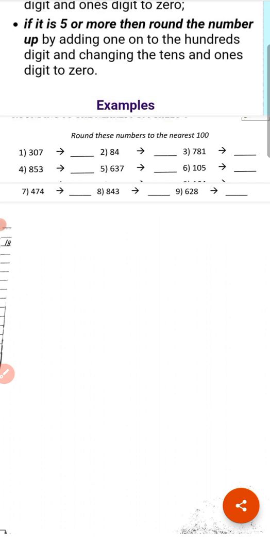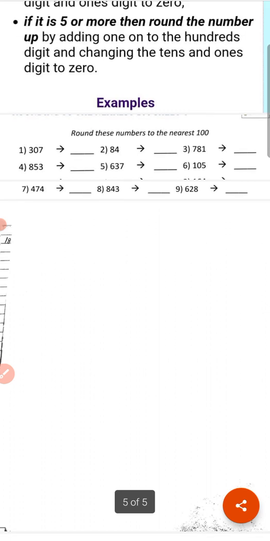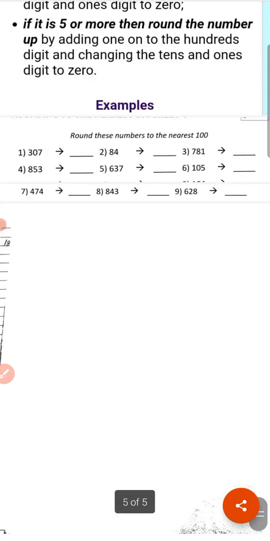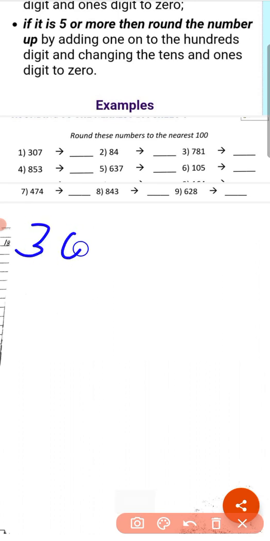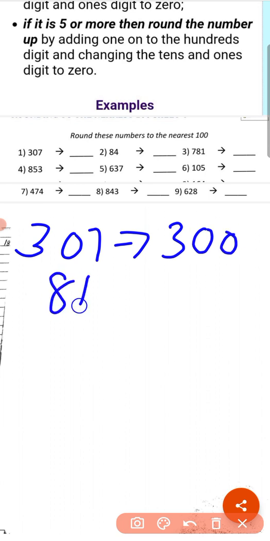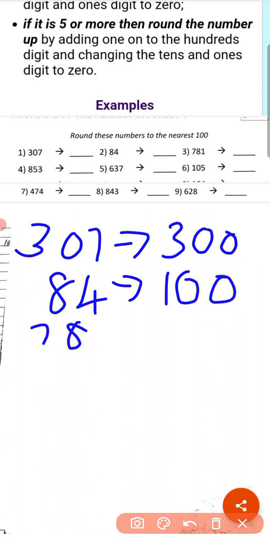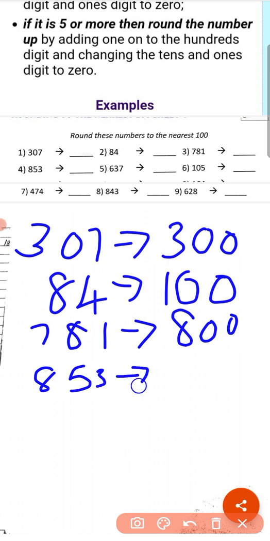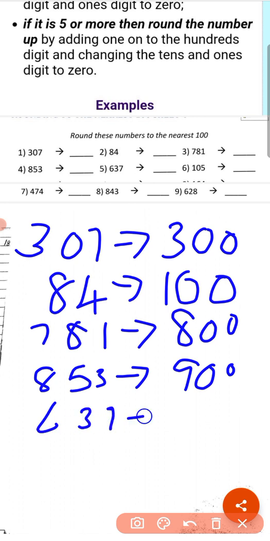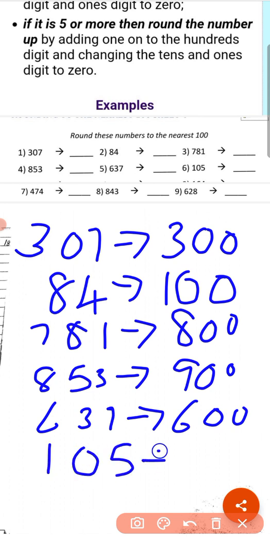Okay. See children, in our answers 307 becomes 300. 84 becomes 100. 781 becomes 800. 853 becomes 900. 637 becomes 600. 105 becomes 100.